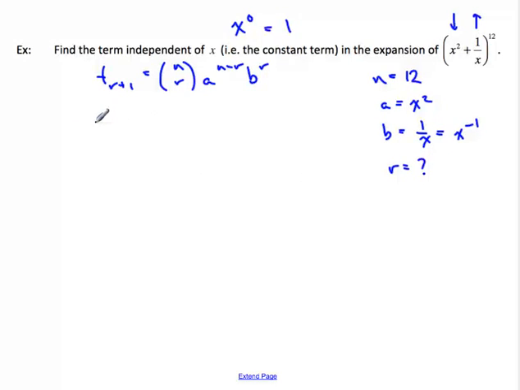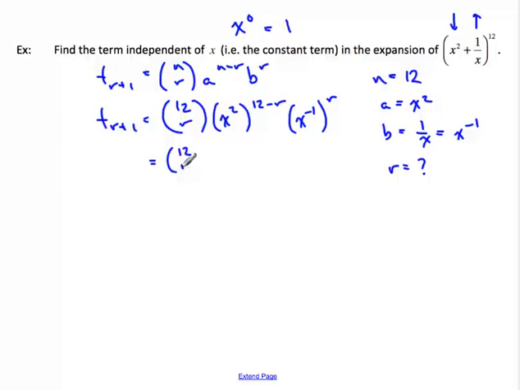So if we fill those in, term r plus 1 is equal to 12 choose r, x squared to the power of 12 minus r, and x to the negative 1 to the power of r. That becomes 12 choose r, x to the, using our power of a power rule, we multiply our exponents together for both of these.